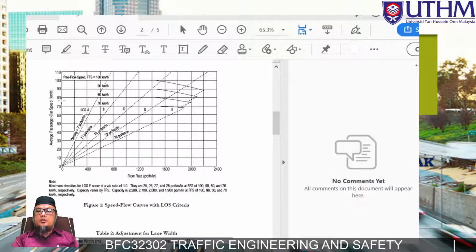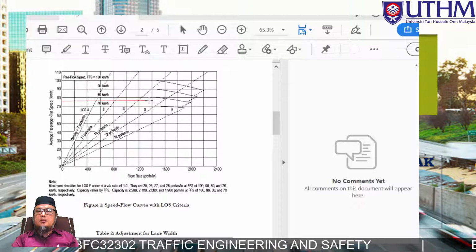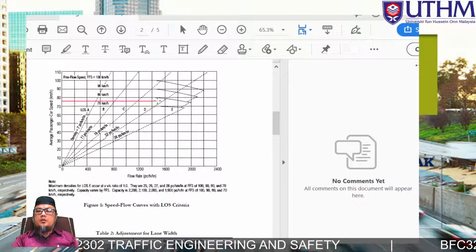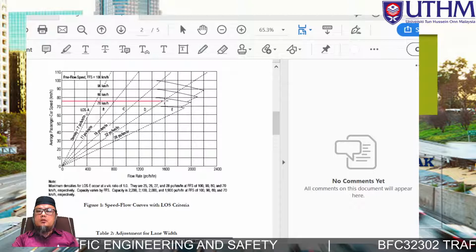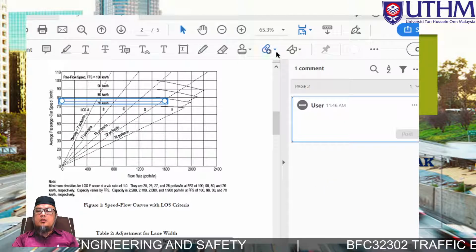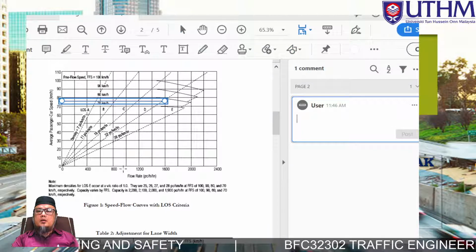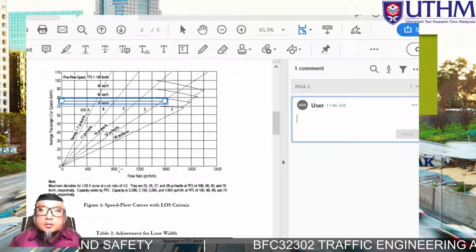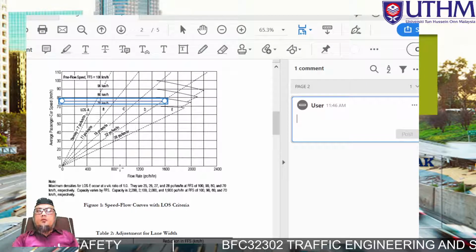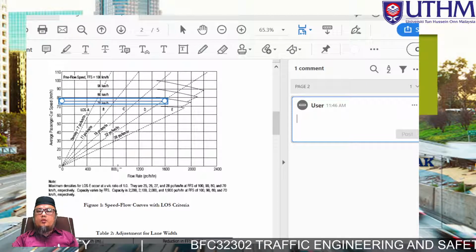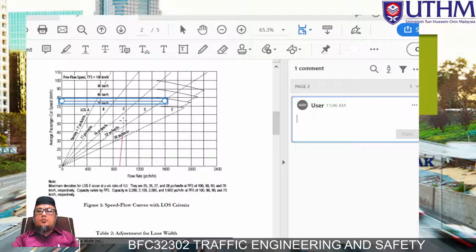Let's just put it here. Okay, next we have 900. Okay, somewhere here. This one is 1000. It's somewhere in the middle here. This one.